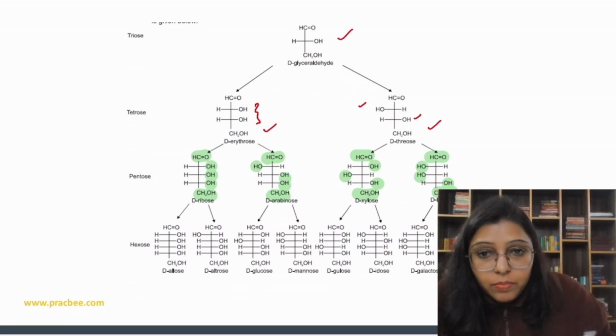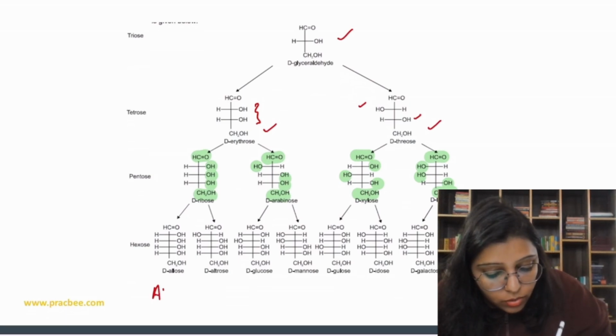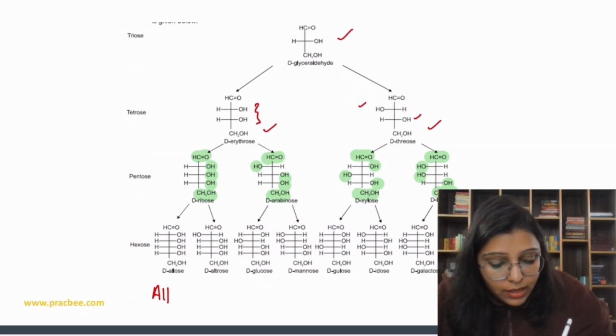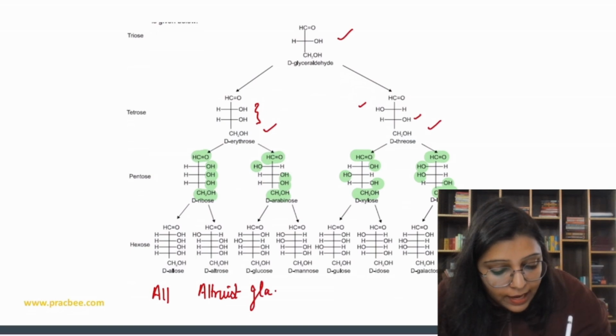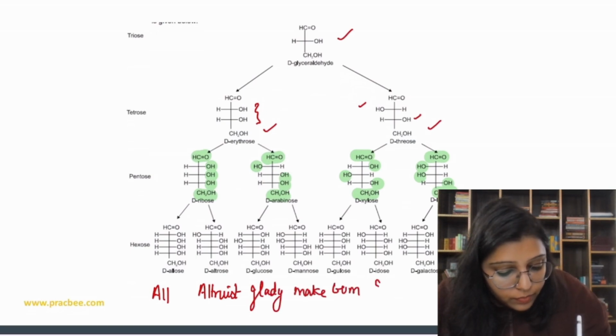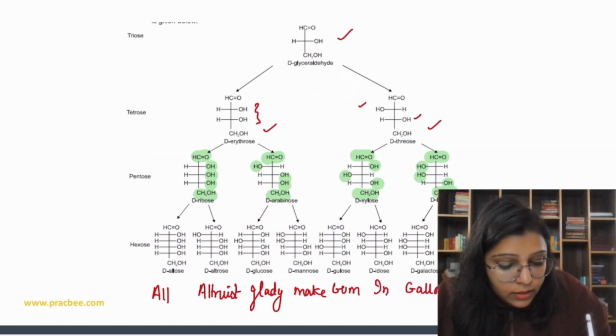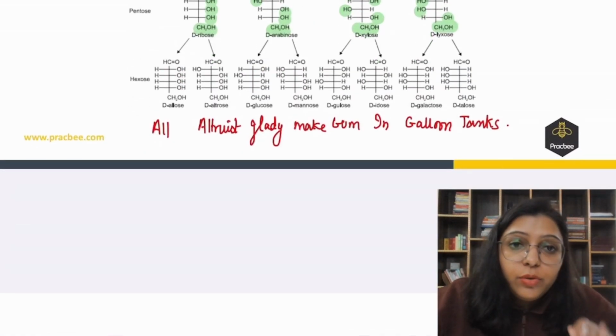Then hexoses are very important, so you should learn all these. There is a mnemonic: All altruists gladly make gum in gallon tanks. Again you have to do it in that way.